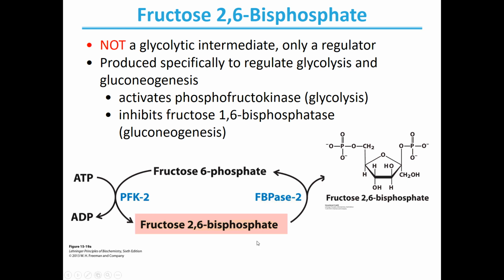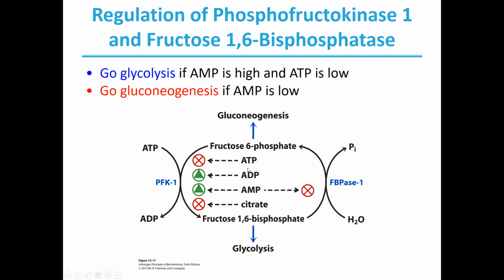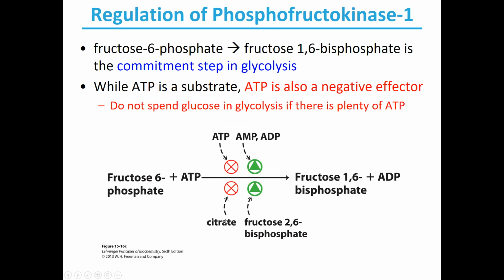So large amounts of fructose 2,6-bisphosphate tell us that fructose 6-phosphate is highly concentrated, so we need to activate glycolysis. If we go back here, notice fructose 2,6-bisphosphate activates PFK1 because it's a signal that a lot of substrate is available.